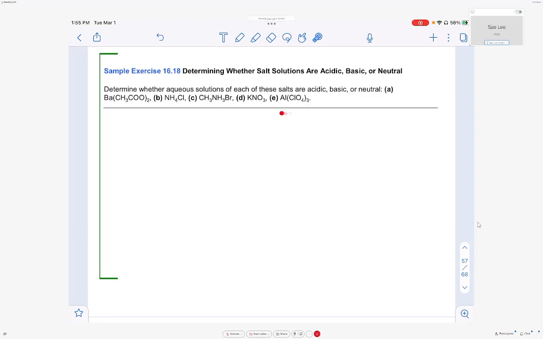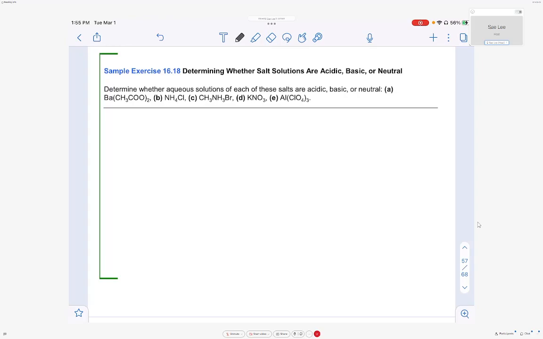You have to determine whether these salt solutions are going to be acidic, basic, or neutral.